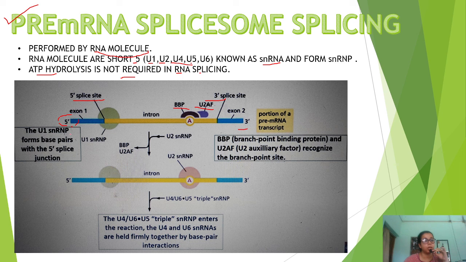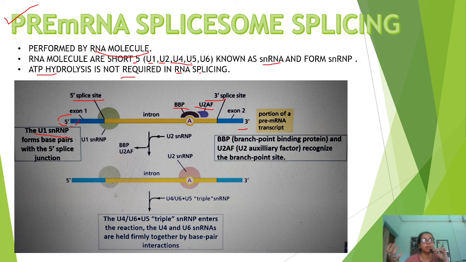Next, moving to the sequence. First, U1 snRNP comes and binds to the 5' splice site region. Next, once this snRNP is bound to this structure, the BBP and the U2AF are removed, because the only function of BBP and U2AF is to recognize the branch point region.